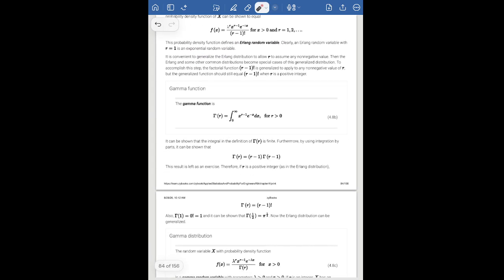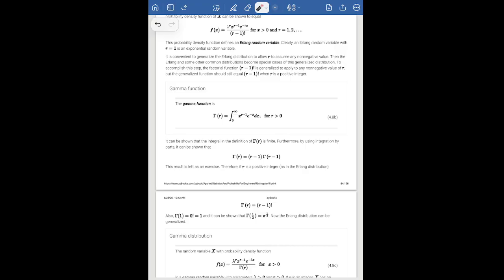Now it's convenient to generalize this distribution, and this can assume any non-negative value. So the Erlang and some other common distributions become special cases of this generalized distribution.